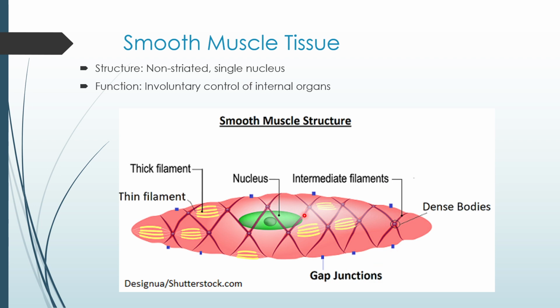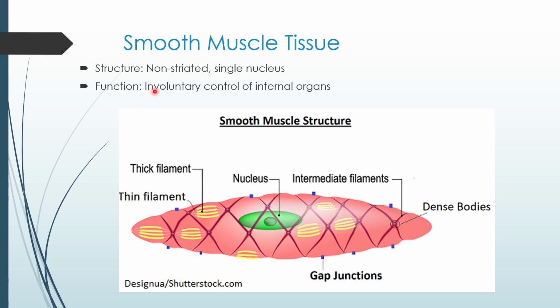Again, it is a single nucleus, you can see here. This is the muscle cell, especially the smooth muscle cell. You can see a single nucleus, similar to the heart tissue, right? But it is not a straight structure, it is an elongated oval shape, precisely said, right?